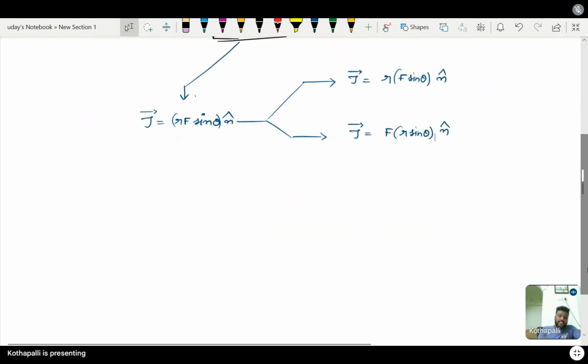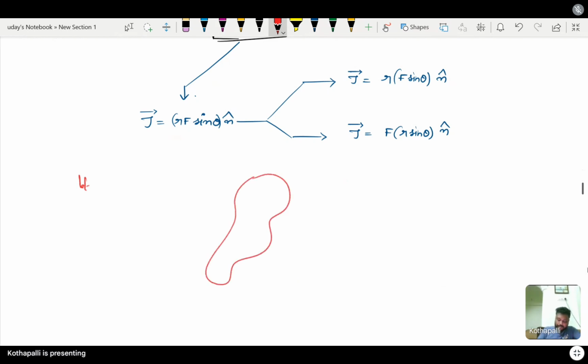Okay. So now what do these two different expressions of torque mean? Let us consider a situation. Let there be a rigid body in the xy plane, fixed at this point, and a force of amount F is applied at a particular point somewhere here.